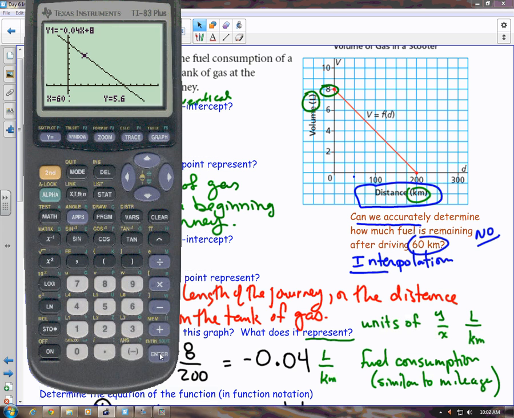So now I can answer a question more quickly, and I don't have to do the calculation over and over again. How much gas is left when I've gone 85? Okay, 4.6. How about if I've gone 92.7 kilometers? How much gas is left? So you can use your calculator to answer some questions rather quickly.